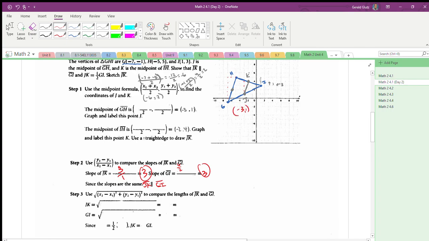K is at -2, 4. So the two x values are -3 minus -2. When I have a minus minus, that turns into a plus. That's all squared. And then the two y values are 1 and 4, so 1 minus 4. So -3 plus 2 would be -1. So -1 squared is +1.